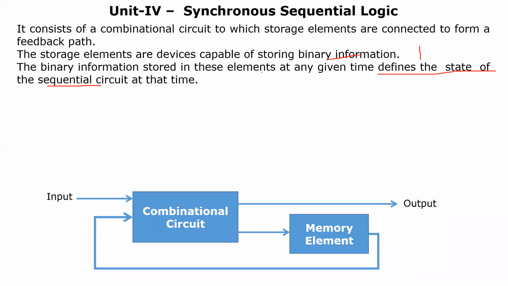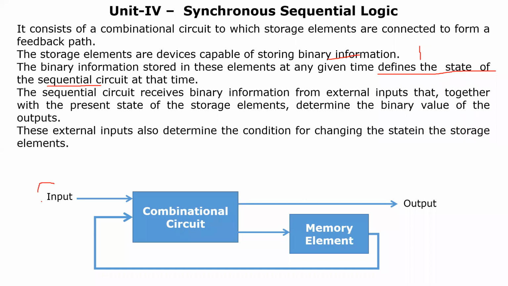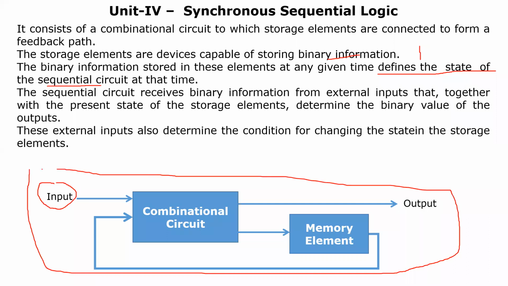Then what exactly we are supposed to specify here is that the sequential circuit receives binary information from the external inputs. This is the external input. After getting this, it also gets some kind of information from the outputs. So this total structure is called a synchronous sequential structure.